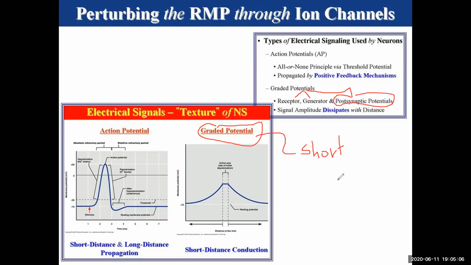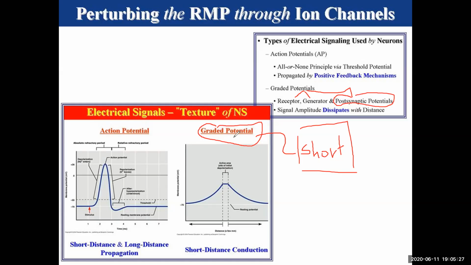The reason is because the graded potential loses signal intensity proportionally to the distance being covered. So the longer the distance, the graded potential can basically lose all of its signals.